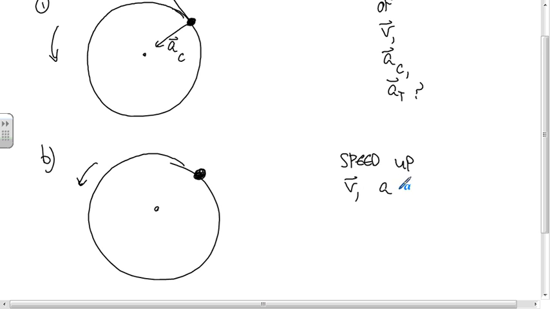What are the velocity, centripetal acceleration, and tangential acceleration directions? And also, now this is going to be very rough, but what's the direction of the total acceleration vector? So see if you can write those down.